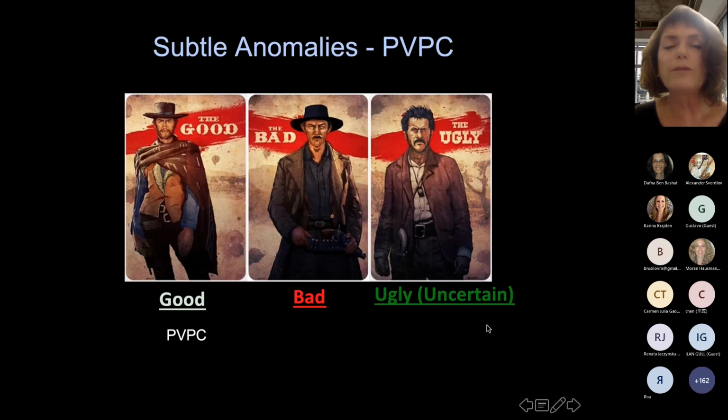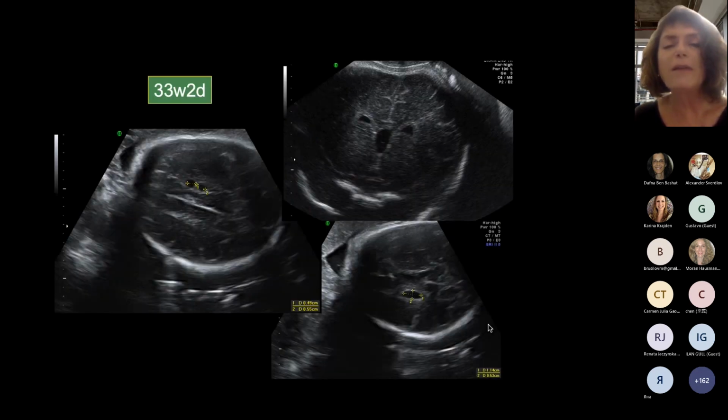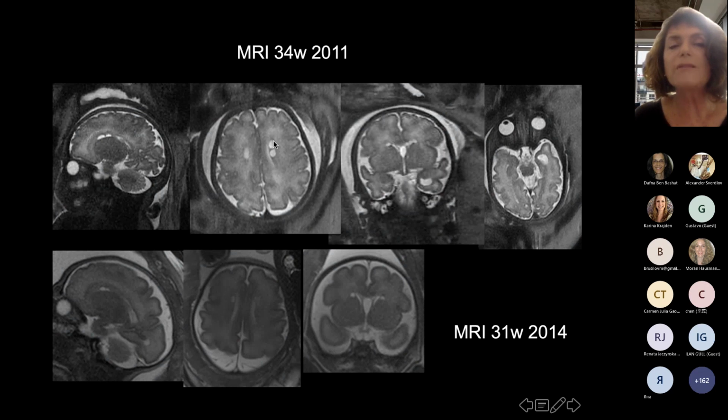I'm just going to be really short on PVPC, just to touch base on that. And I think it's a very subtle abnormality that we often see, and it's defined and sent to MR. I think it's important to understand that we need to differentiate by the appearance of the wall of the cyst and the extension of it, and we can try to see if there are blood products.